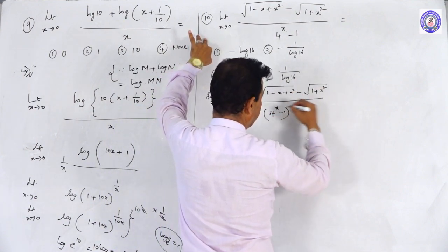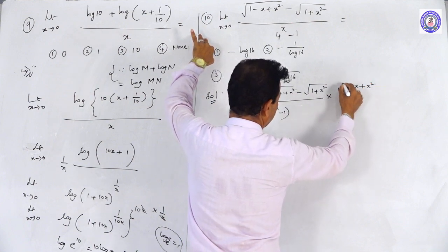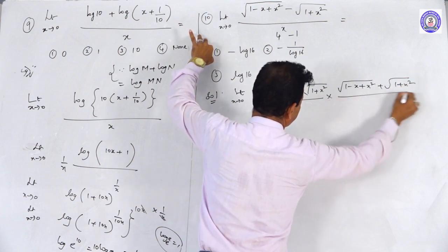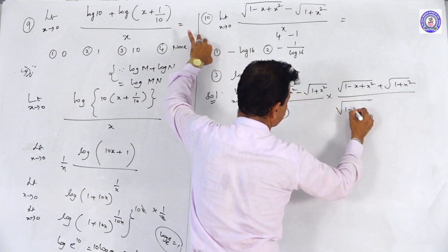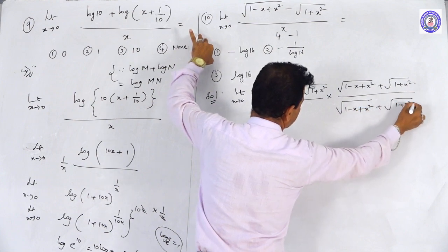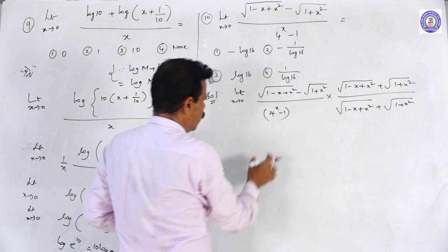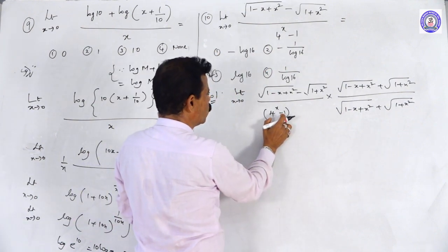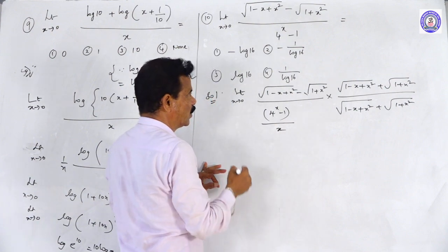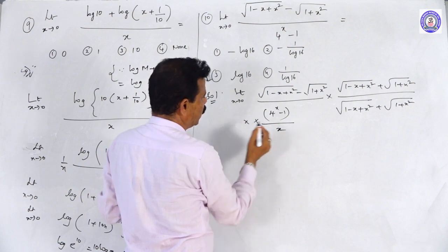That is a total term rationalization. For the numerator rationalization, we multiply by root of (1 minus x plus x square) plus root of (1 plus x square), the same terms. So the numerator is rationalized. Here 4 power x minus 1 needs an x, no x here, that's why again we multiply with x. It is cancelled.